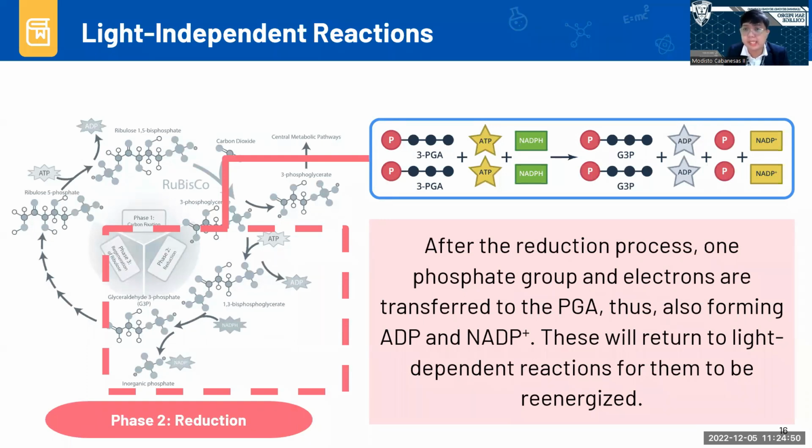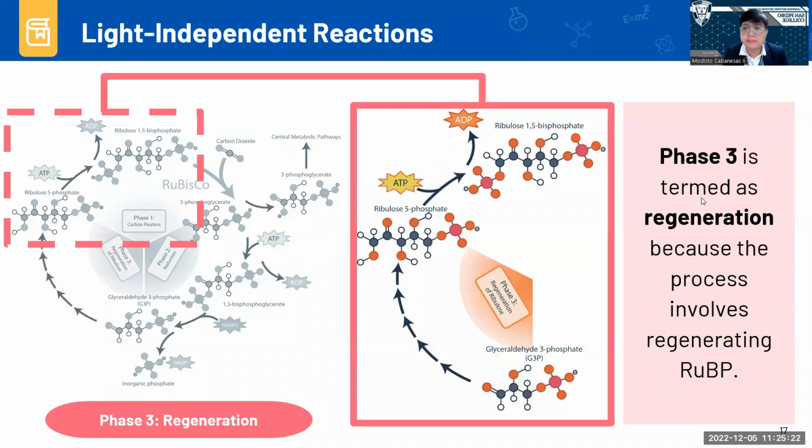Ito yung products. So we have G3P plus ADP plus phosphate plus NADP plus. Yung ADP, yung phosphate, tsaka yung NADP+, sila yung babalik sa light-dependent reaction. Tama? If you can remember yung input sa light-dependent reaction, dito yun galing. So, babalik yung ADP, phosphate, and NADP+ sa light-dependent.